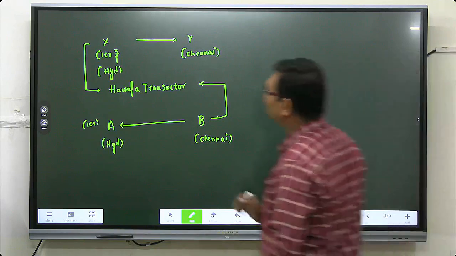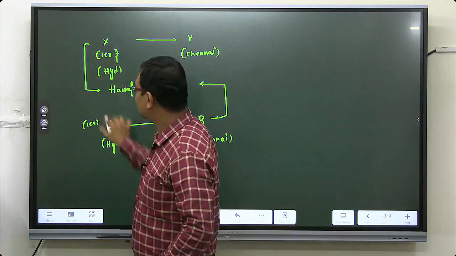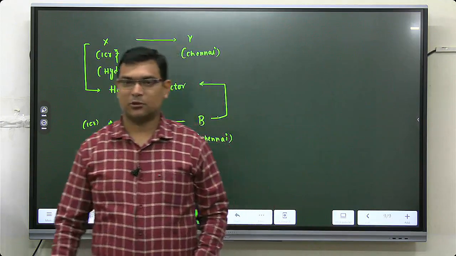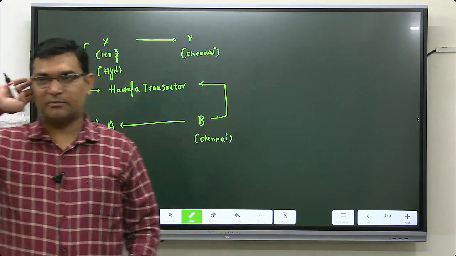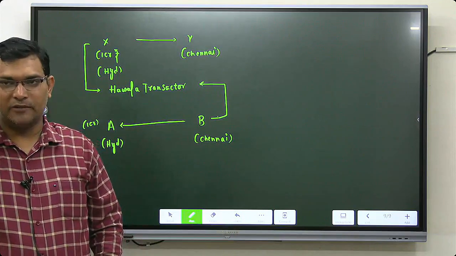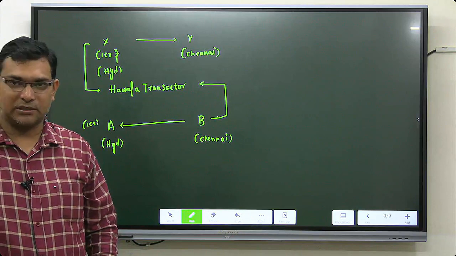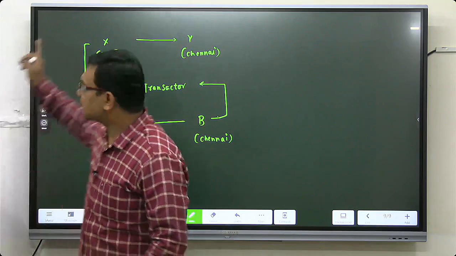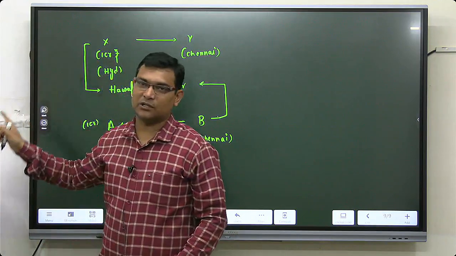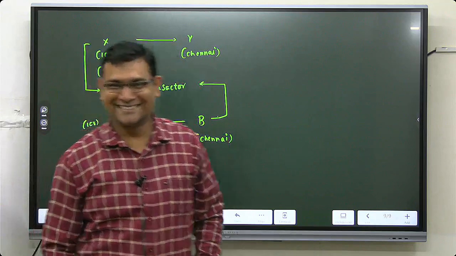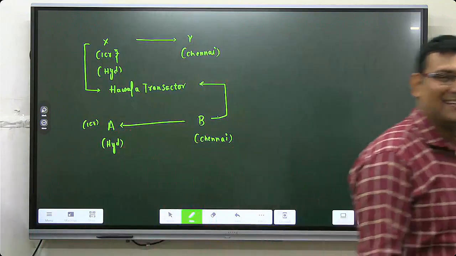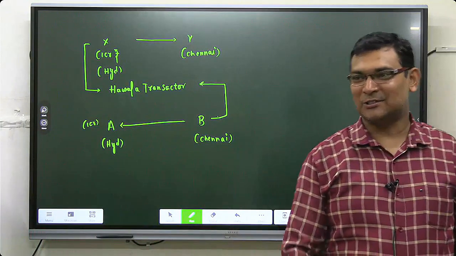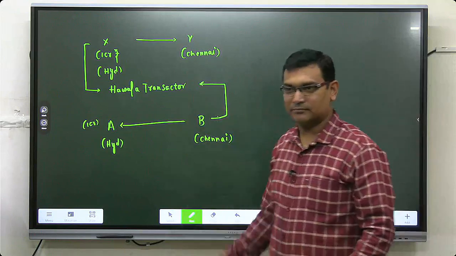So the hawala person will tell person A, "Sir, my person will come, and he will tell the cheat code." So what is the meeting point? Example here, Ashok Nagar Crossroad. Both X and A will come.